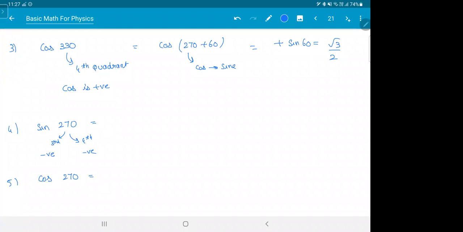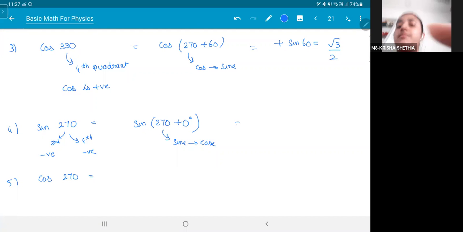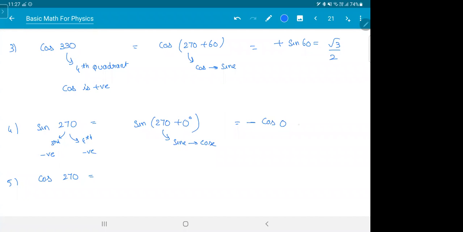So should 270 be taken as third or fourth? Either way you're getting negative only. Then how do you write this? As sine(270 plus 0). What is 270? Sine becomes cos. So minus cos 0, which is minus 1. Make sense?